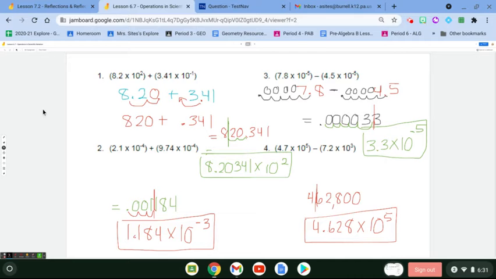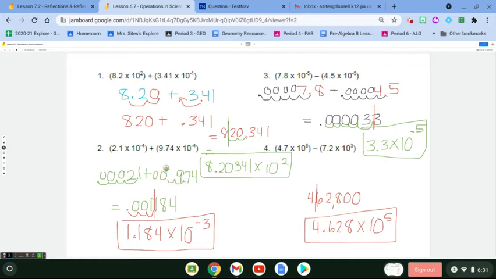All right, guys, so let's see if you got those answers right. So if you were to actually work out and see what each one of these numbers would be in standard form, 2.1 times 10 to the negative 4 would be 1, 2, 3, 4. So 1, 2, 3 zeros, and then 2, 1 plus, and then we would have 9.74, and then 1, 2, 3, 4.